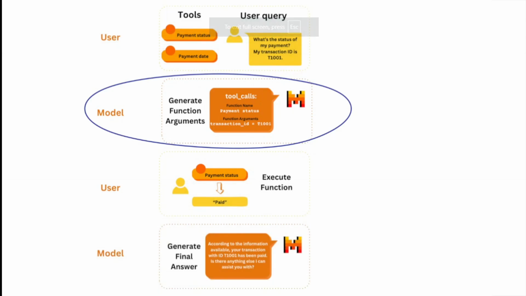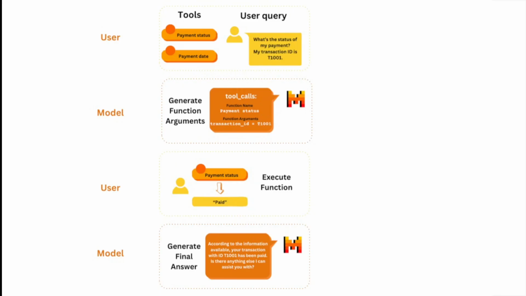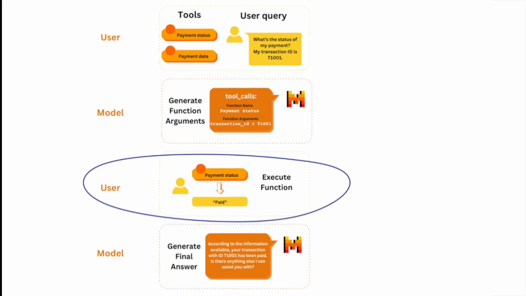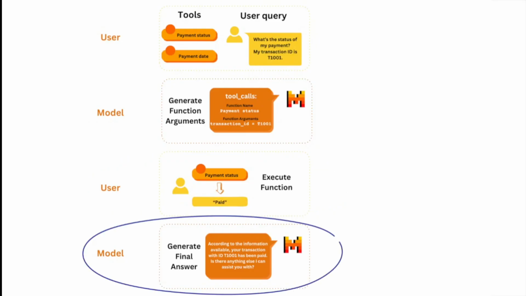Based on the user query, our model will be able to figure out that we should use the tool payment status with the function parameter transaction ID equals T1001. Now we know which function to run and the parameter for the function. Users can execute the function to get the results. For example, the status of this payment is paid. Then our model takes all the previous conversations and generates a final answer. According to the information available, your transaction with ID T1001 has been paid. Is there anything else I can assist you with?